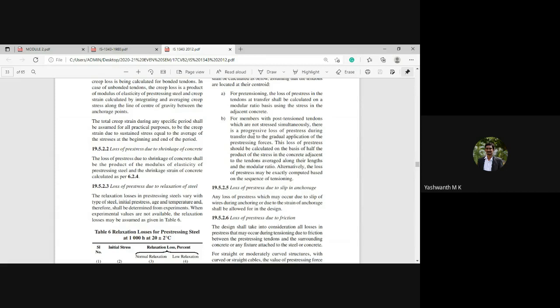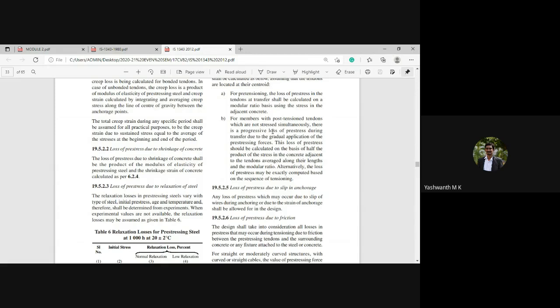What about post-tensioning? As I stated, you need to be very careful regarding post-tensioning. For a member with post-tension tendons which are not stressed simultaneously, there is a progressive loss of pre-stress due to transfer, due to the gradual application of the forces. This loss of pre-stress can be calculated on the basis of the product of the stress in the concrete adjacent to the tendon, averaged along their length, and the modular ratio.